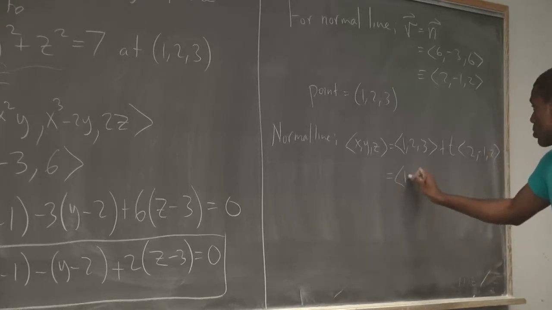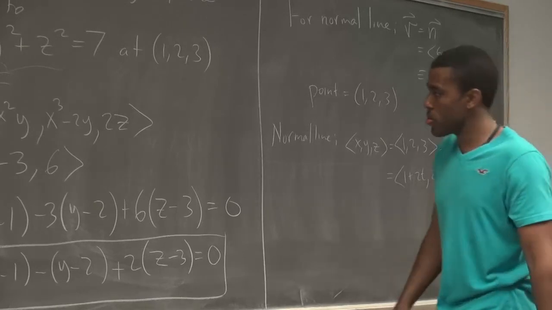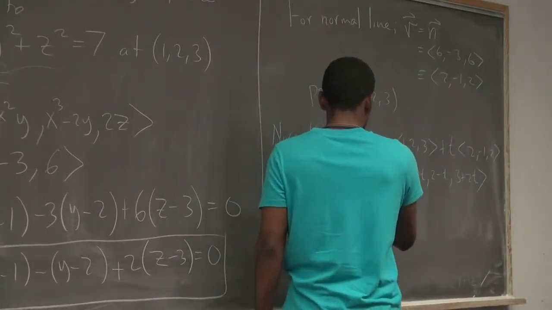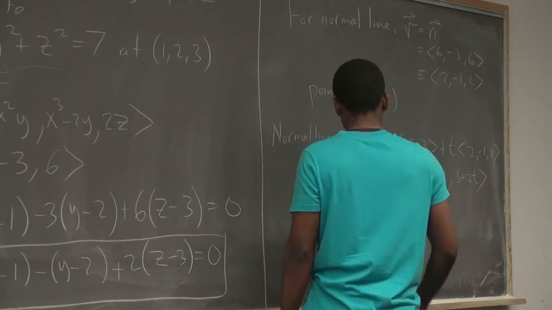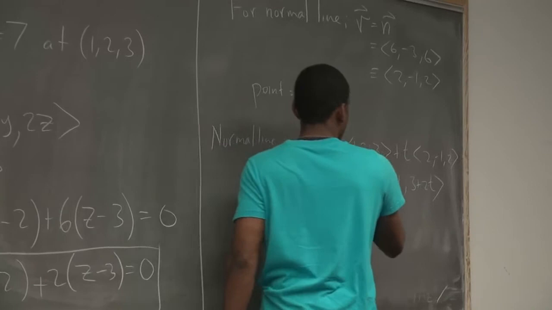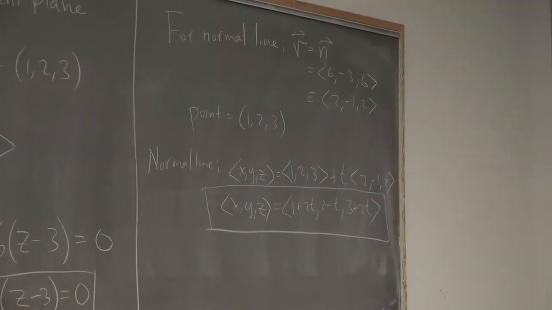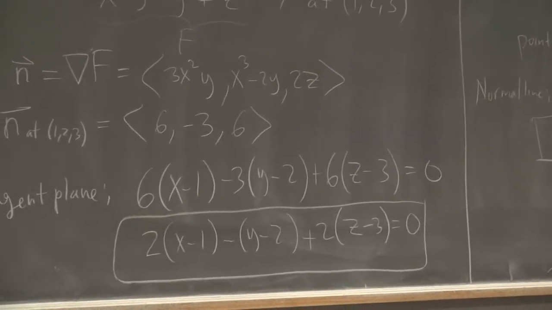Which you can write as 1 plus 2t, 2 minus t, 3 plus 2t. And of course, you can do the parametric form or whatever. That's a normal line. You know the difference between how that looks and how a plane looks. They're two very different things.